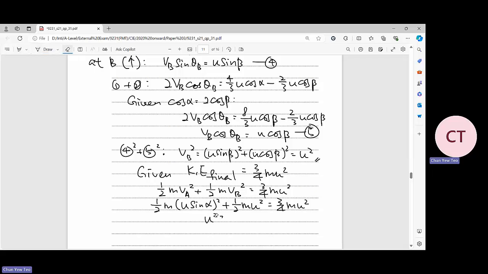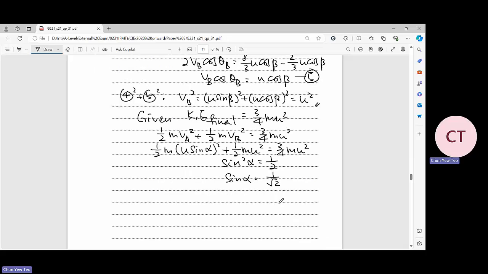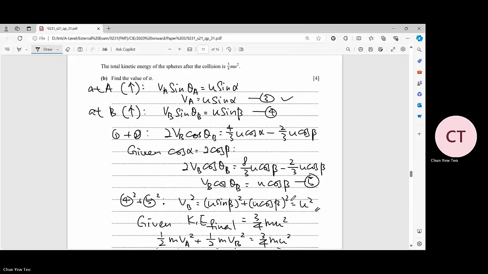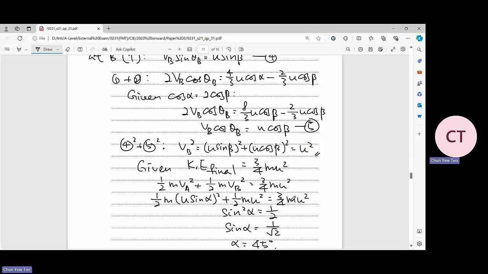All the U squared can be cancelled off. Simplify it, you get sine squared alpha equal to a half, so sine alpha is equal to 1/2. We only consider the positive value because the angle is acute. Therefore, alpha is 45 degrees. Okay, just like that. So this will be the answer for number 6, part B.